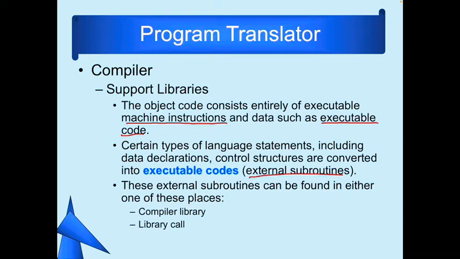When we convert this, we will get the executable code. This external subroutine or executable code can be found in one of these places. That means the external subroutine is outside our code, and can be found in maybe the compiler, library, and library call.